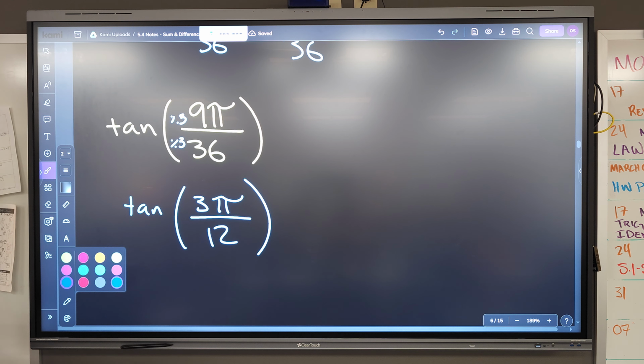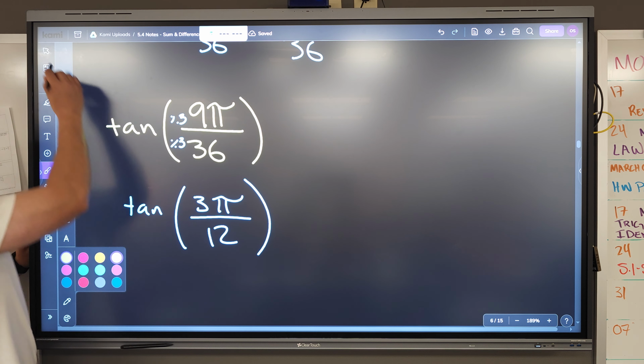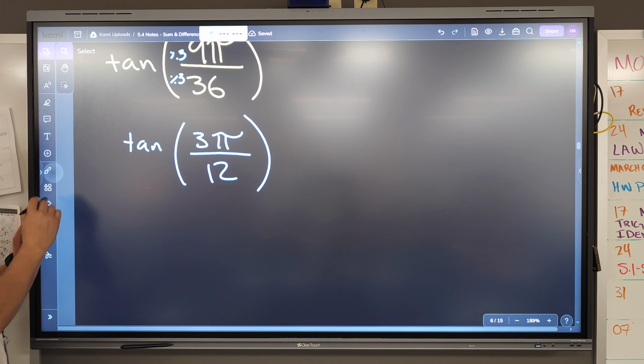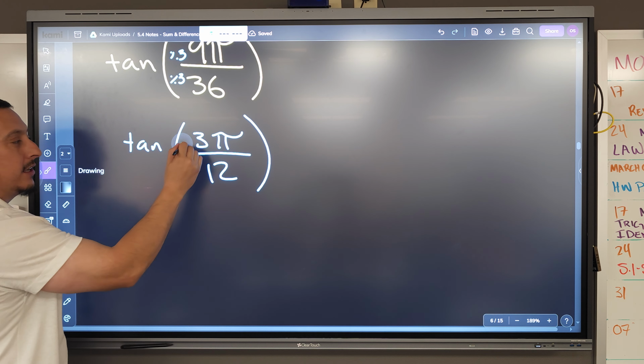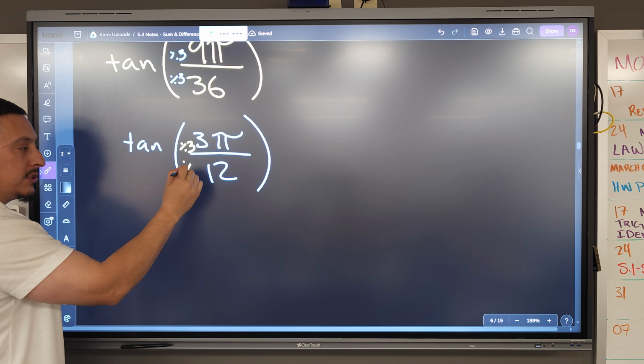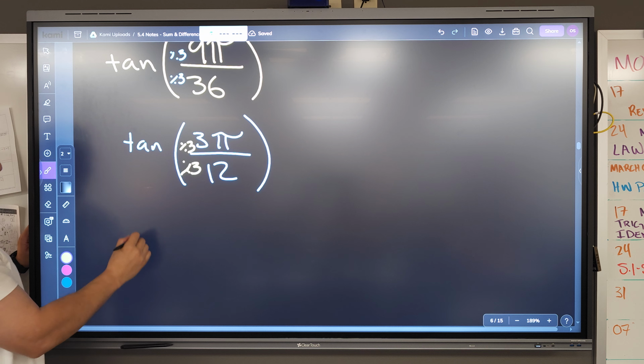So then your next step is, let me look on the circle and see if I can find 3 pi over 12. And then you'd be like, nope, it's not there. So I need to go back and simplify this a little more. So what can we divide these two by? Not 9, but 3. Yeah, you're on the right track. It's because we should have divided by 9 there. Would have got us here faster.